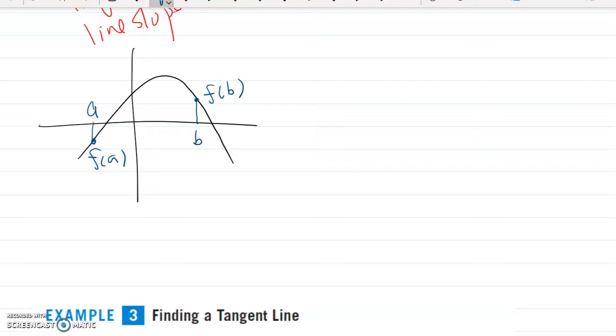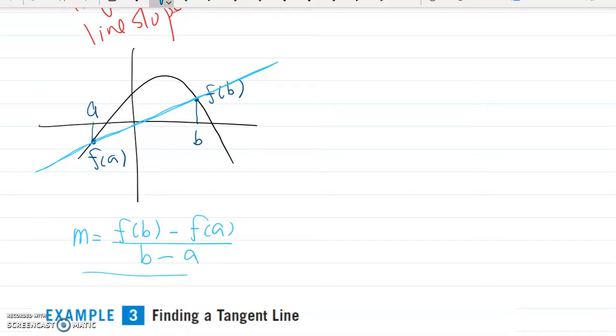Now I'm going to connect these 2 points and make a line. Then based on this, we can find the secant line slope, m. So m equals (f(b) minus f(a)) over (b minus a), right?